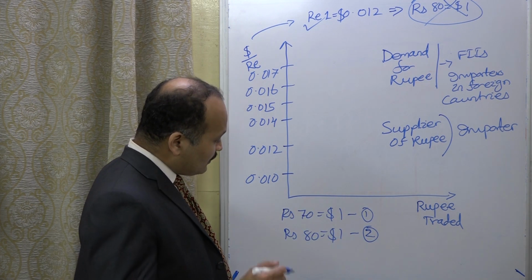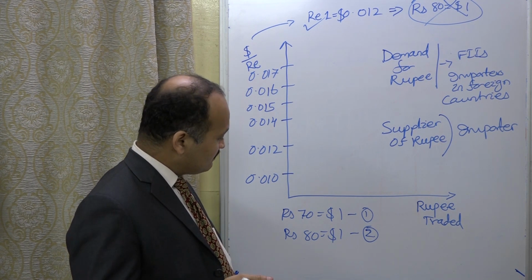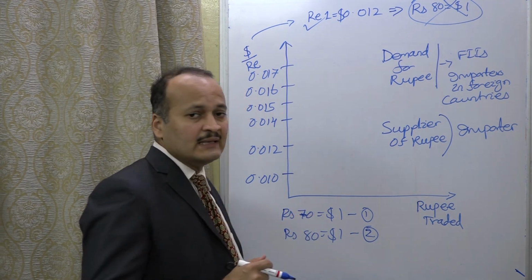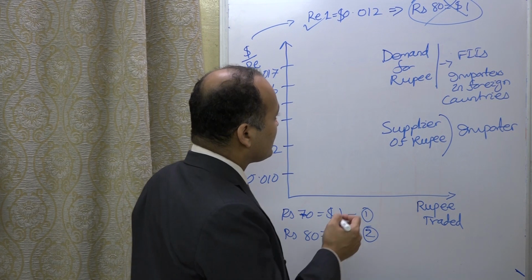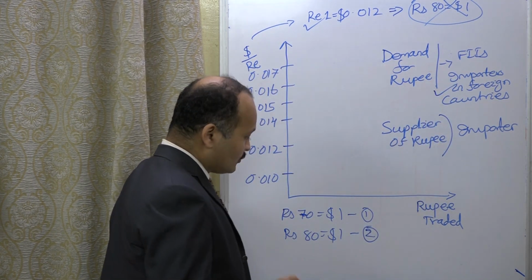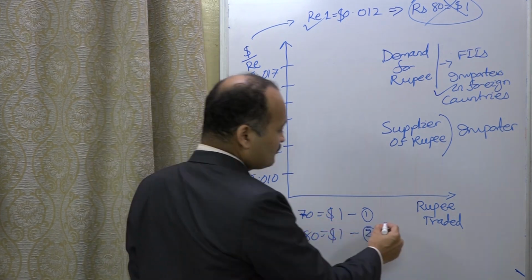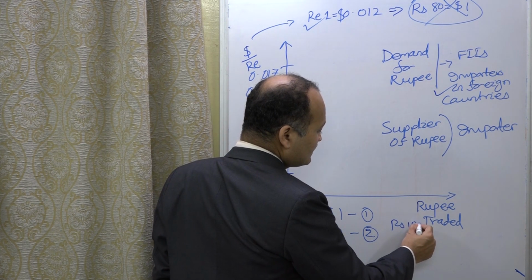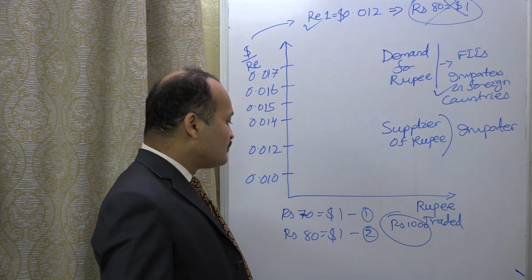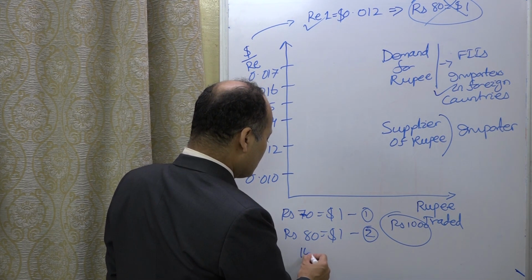Okay, now let us consider the demand for rupee. Somebody who wants to buy Indian goods, suppose a foreign importer wants to buy Indian sweaters, say suppose sweaters are available for 1000 rupees, and the foreigner wants to import sweaters worth $100.